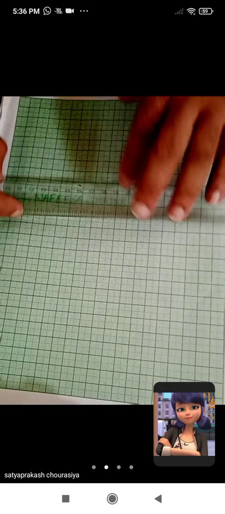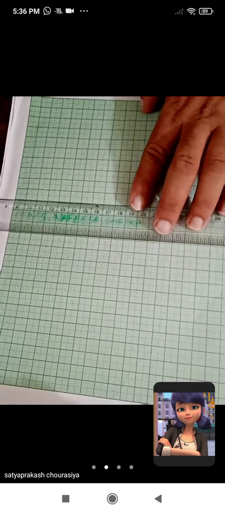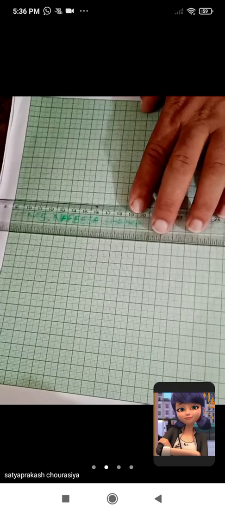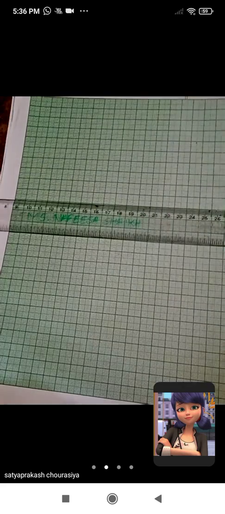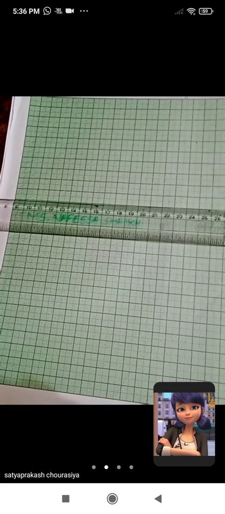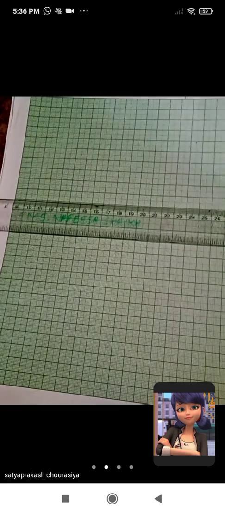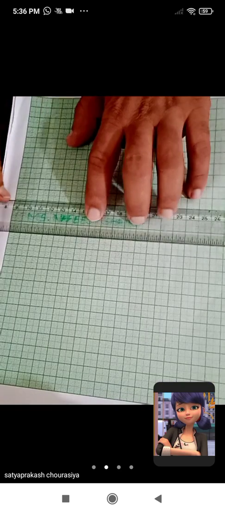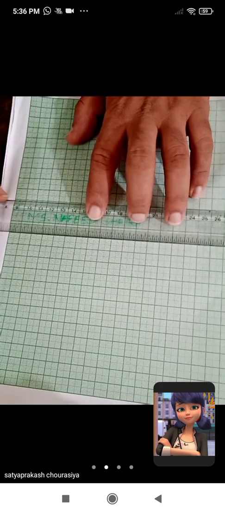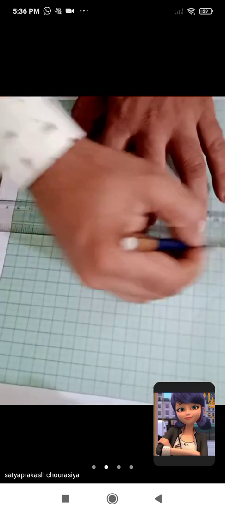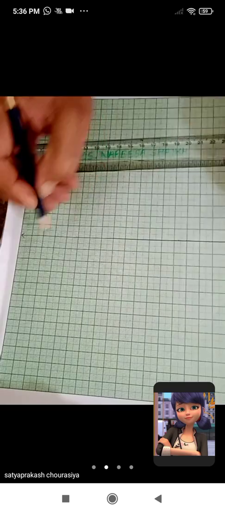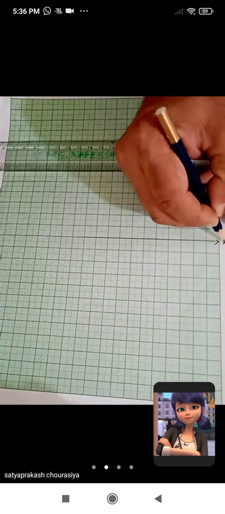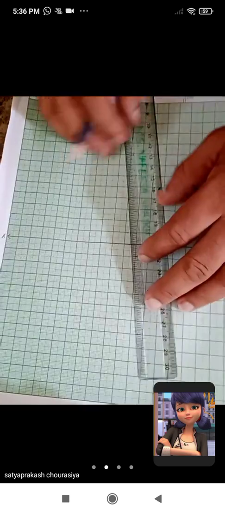Now draw the axis, horizontal x-axis. Okay, now I have drawn the x-axis. Now label it x. Okay, now y-axis.